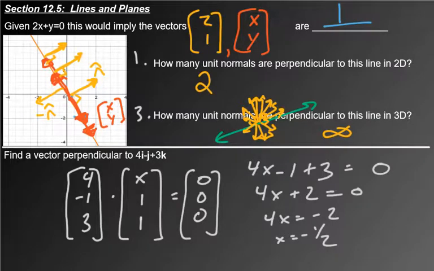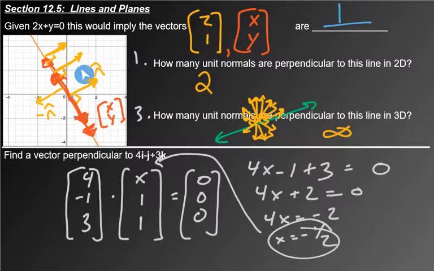If you put this back in here, you will have crafted one of these kinds of vectors that would be perpendicular. One of the things that we're going to learn with lines in vector form is that we're going to need to sometimes find one of these vectors, and there can be lots of them. To calculate it, you can just set up an equation like that.